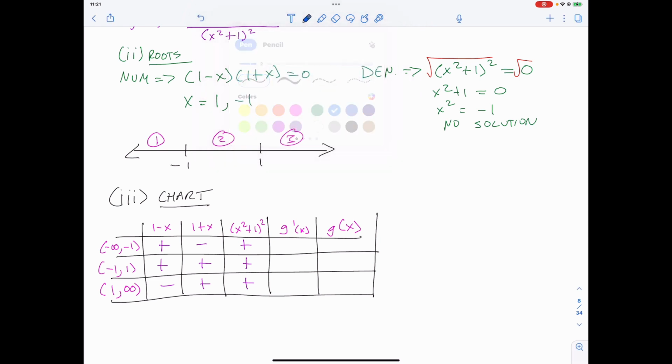Well, in the first one, it's less than 0. In the second one, it is greater than 0. And in the third one, it is less than 0 again. What's happening to my original function? It is decreasing, it is increasing, and it is decreasing.